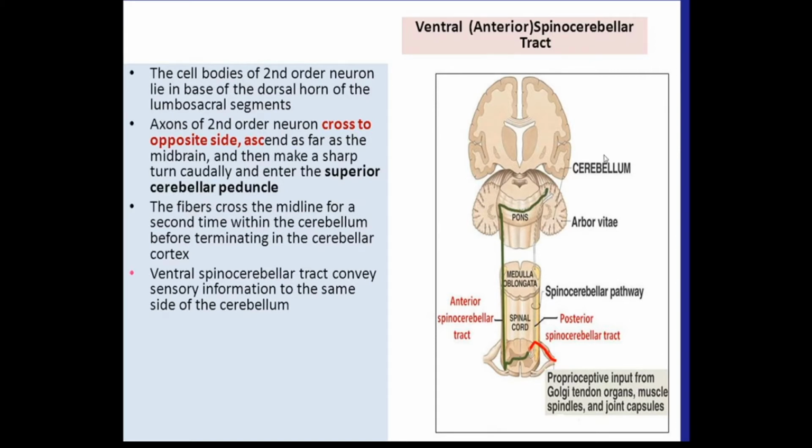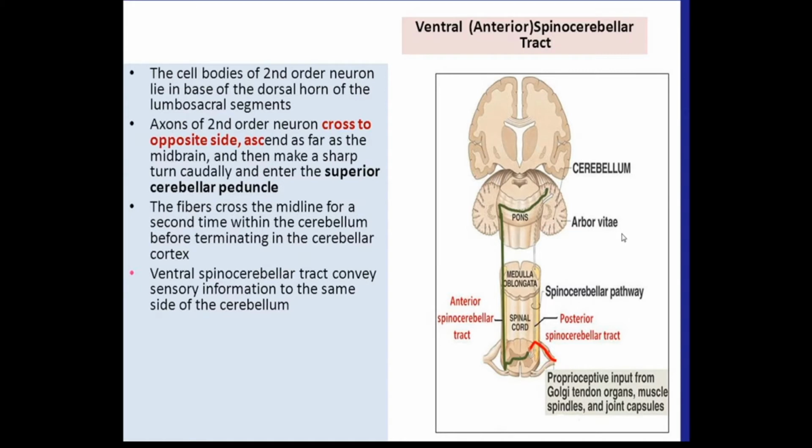So we have the same situation as in the case with the dorsal uncrossed Flechsig's tract. The ventral or anterior or Gowers' spinocerebellar tract conveys sensory information to the same side of the cerebellum also.